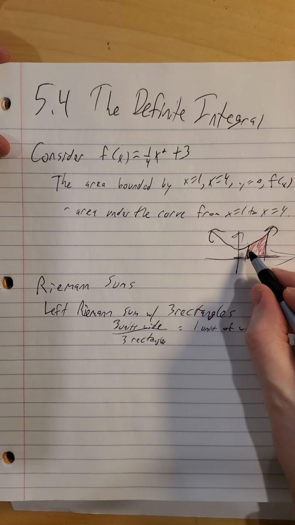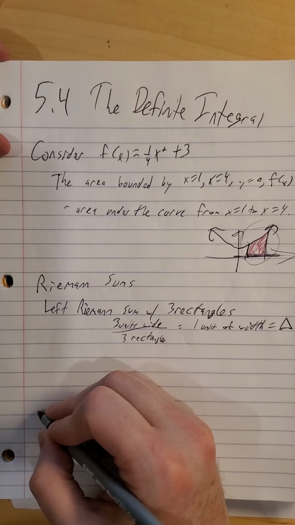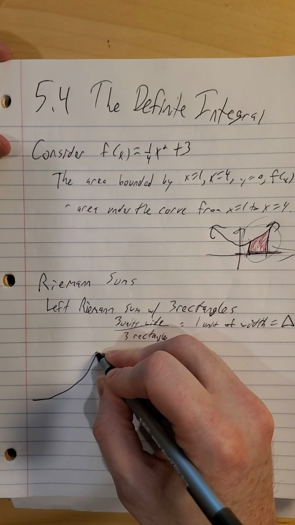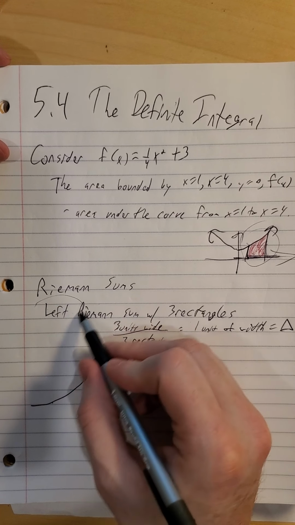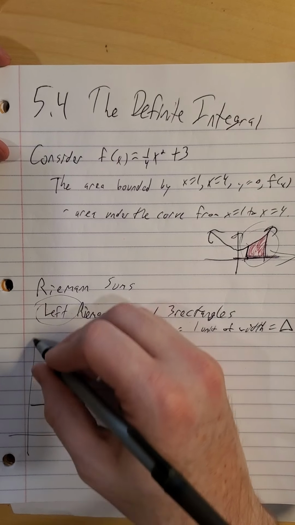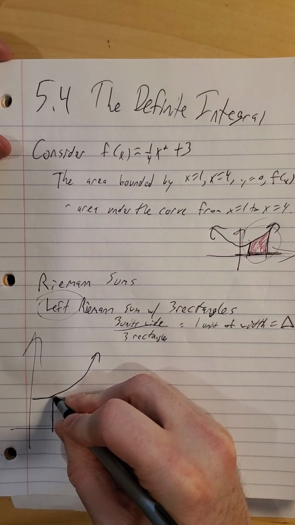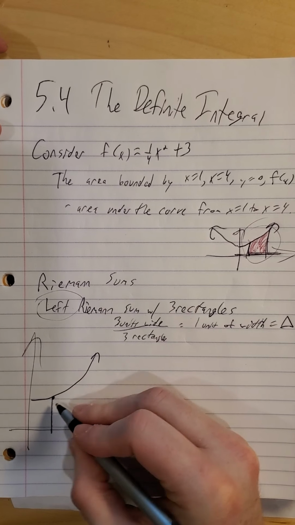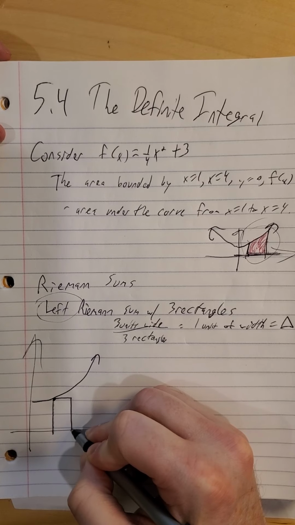So the idea here, and I'll kind of just draw a zoomed in version of what I have circled there. So we've got our curve. Left Riemann sum basically means that when I draw my rectangle, I want the left side of the rectangle to determine the height. Then I go over and down.